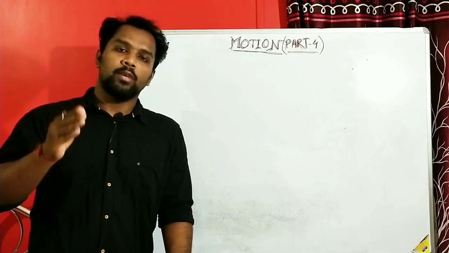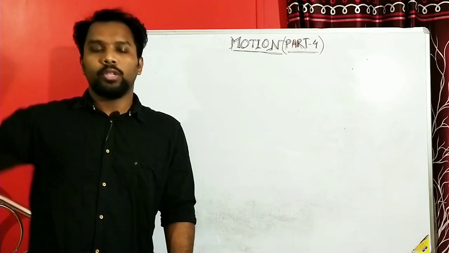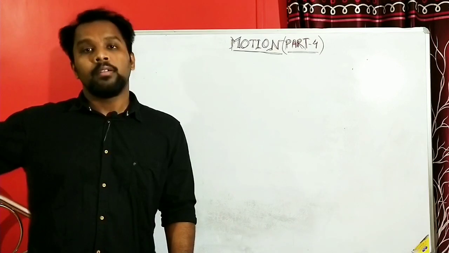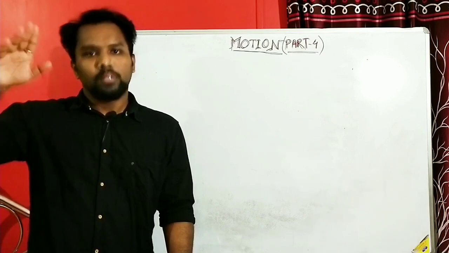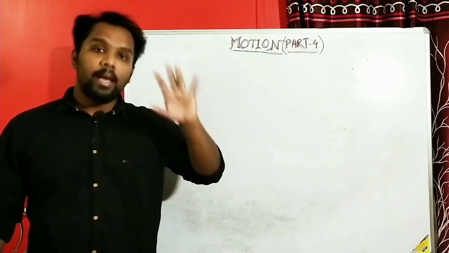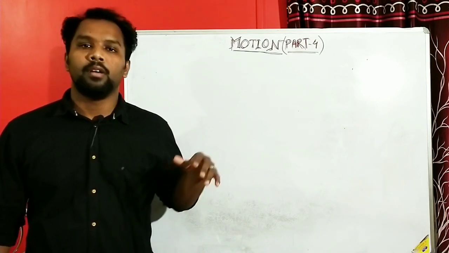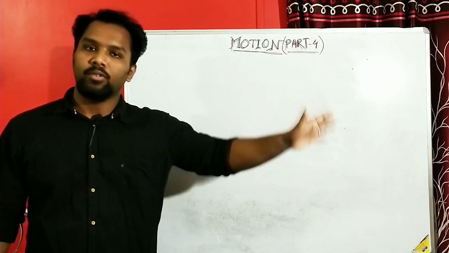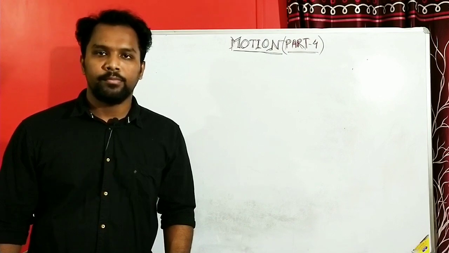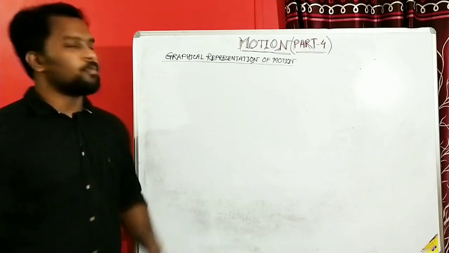Maybe in 2020 there's going to be a graph, then 2021 there's going to be a graph. If it again comes next year, then in 2022 there's again going to be a graph. So that is a kind of graph. With the help of those kinds of graphs, we will observe how the motion of an object varies depending on whether that motion is uniform or non-uniform. Clear now? So today's topic is graphical representation of motion, right?